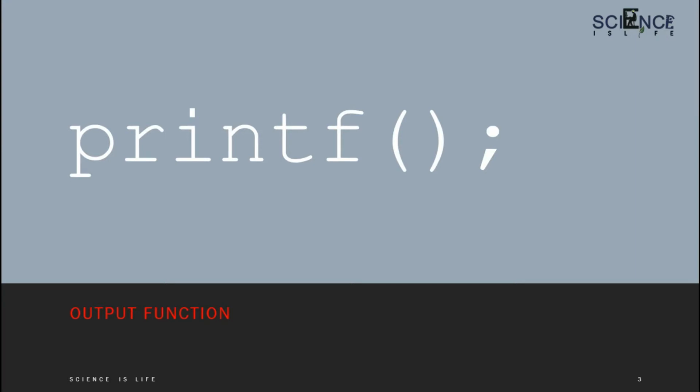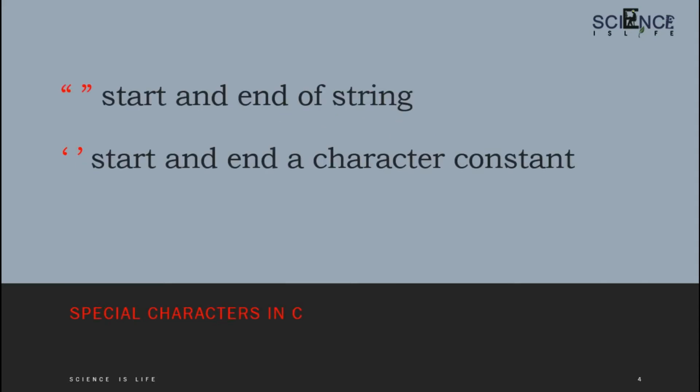So let's move into the printf function. Anything we need to print should be mentioned within double quotations inside the brackets of the printf function. Usually we use double quotations for string values, right? So we indicate strings within double quotations, and we indicate characters within single quotations.